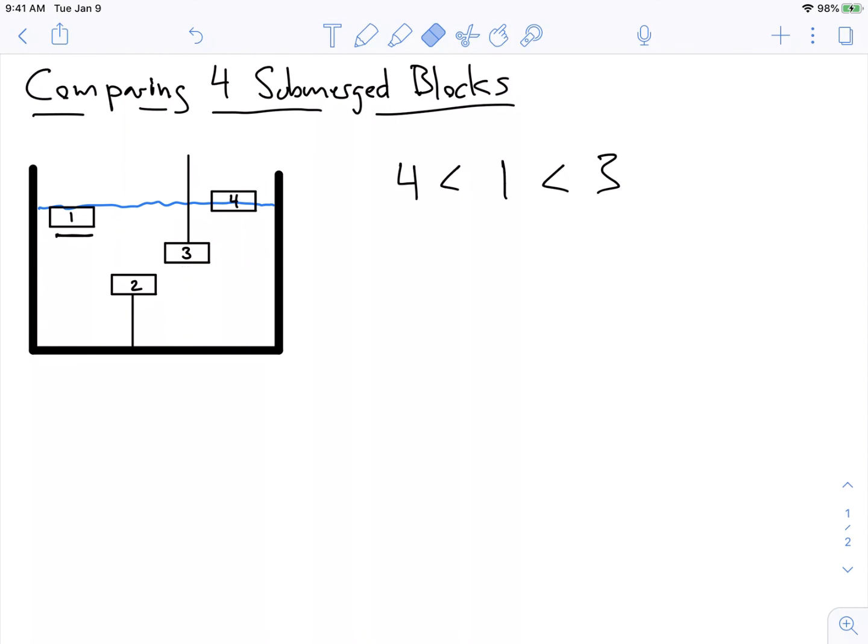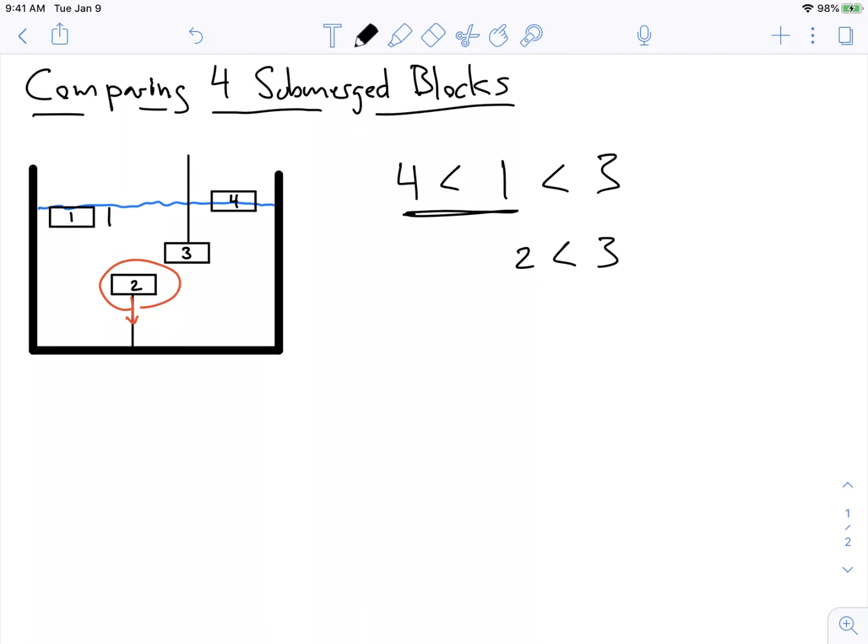The funny thing happens when we try to add block 2 into this. We know that block 2 wants to float because there's a tension force on it, so it is less dense than block 3. However, we can't place it between block 4 and block 1, because we don't know where it would go.